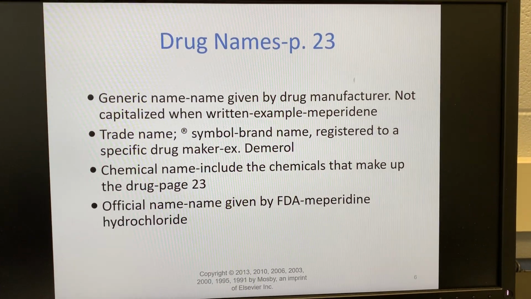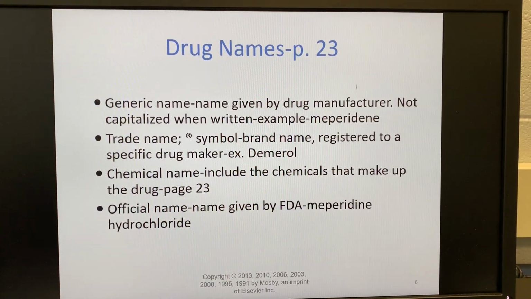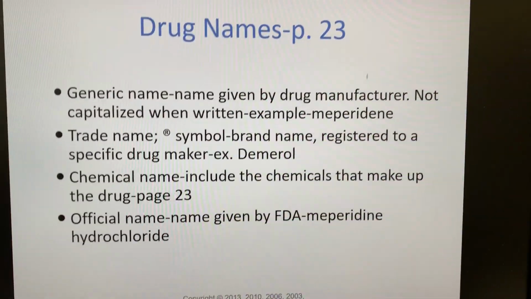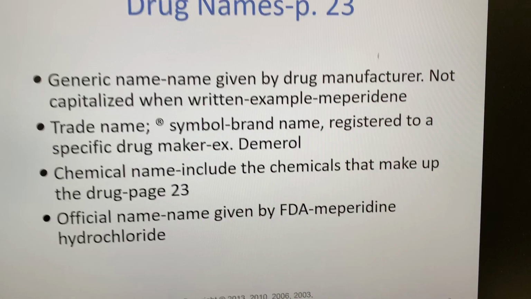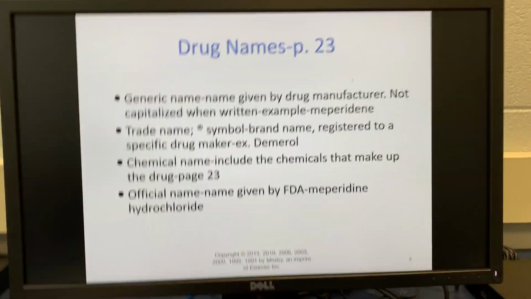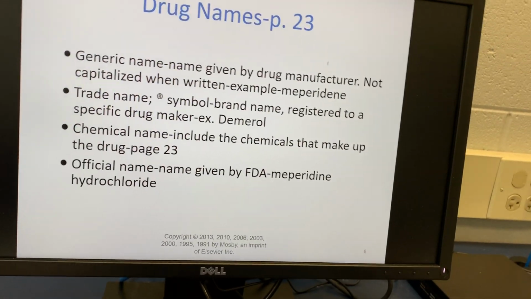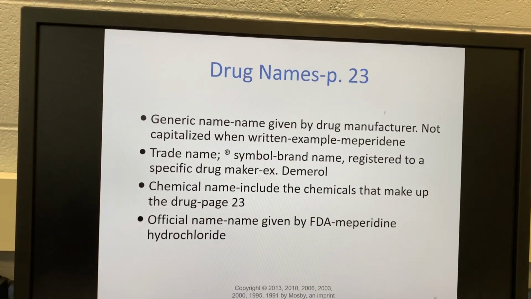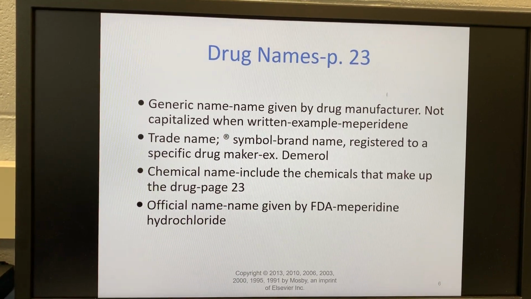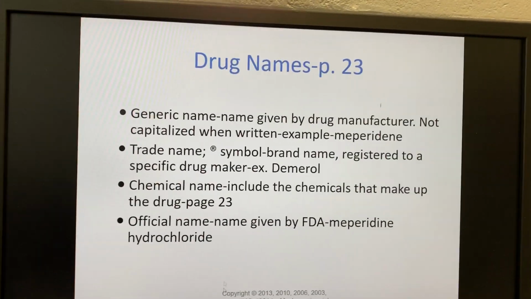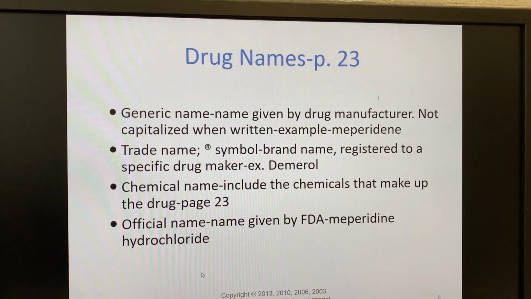In this case, its official name is meperidine hydrochloride. So that's just an example of same drug, 4 different names given to it at different times in its research, development, and sale. And so, as nurses, we're just really going to have to mess with the trade and generic names, thankfully.